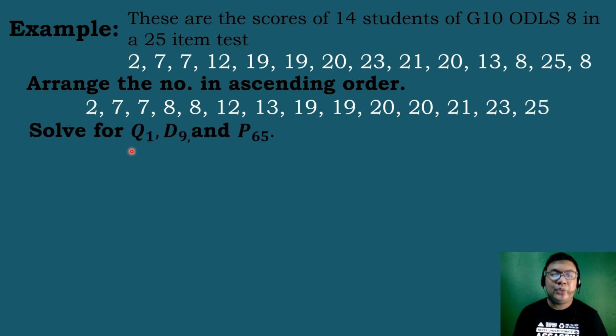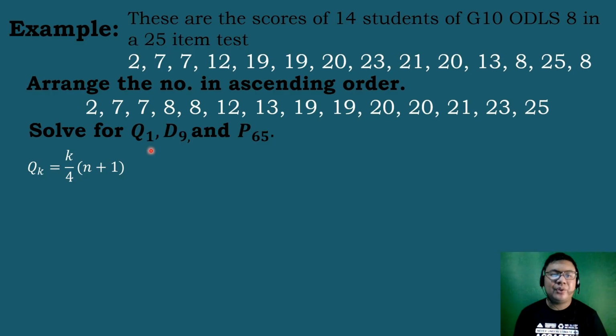Say we are looking for the value of quartile 1, decile 9, and percentile 65. So to solve for the value of quartile 1, we will be using the formula quartile k or Q sub k is equal to k over 4 times the quantity n plus 1.